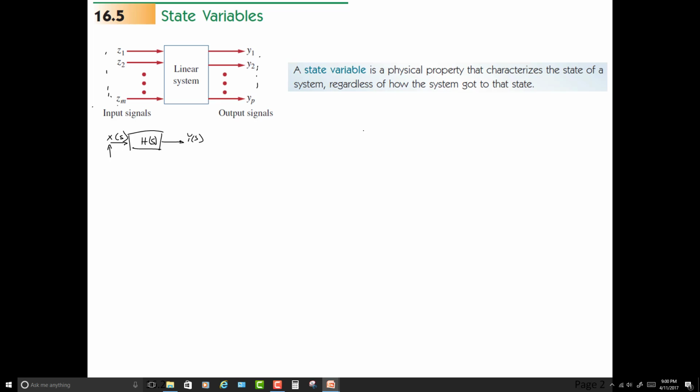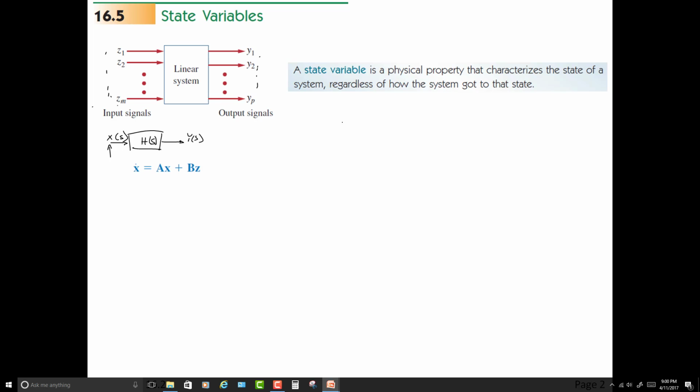They just describe the state of the system, and it's not a function of how you got to that state. The set of equations is going to try to describe or model that process.